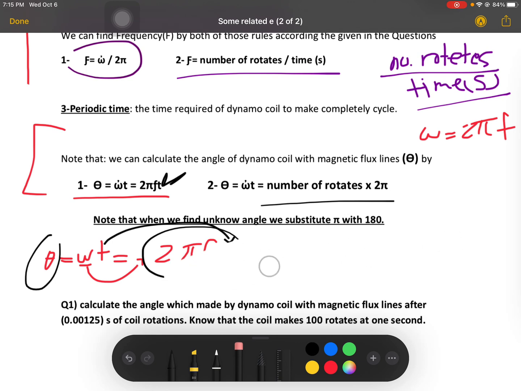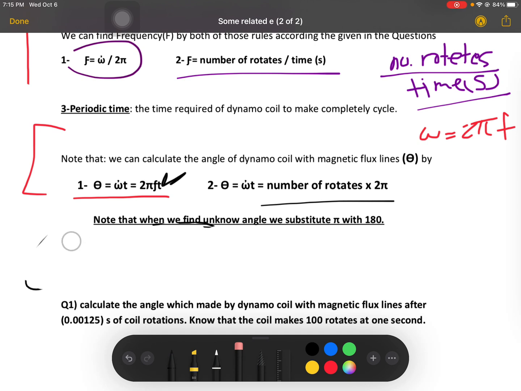But you have to understand something. Attention: when we want to find theta, in this case and in this case, we have to substitute the value of pi with 180. Why?